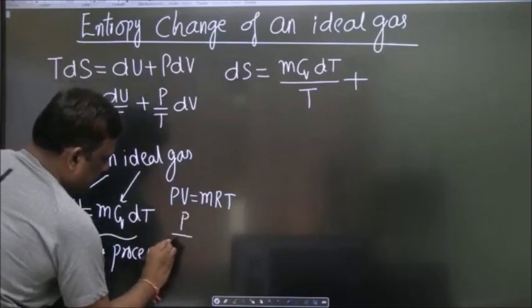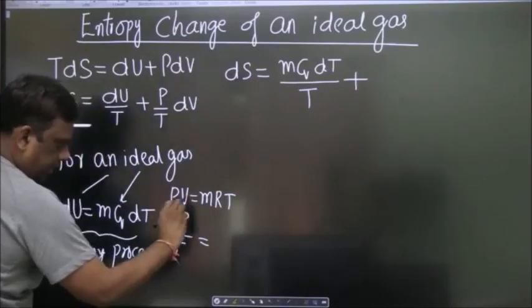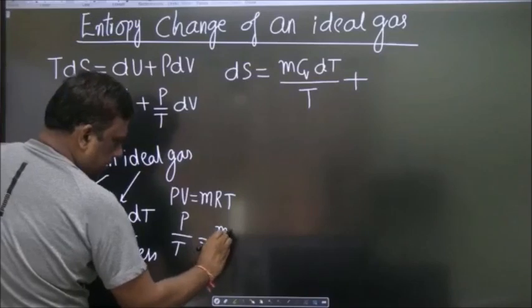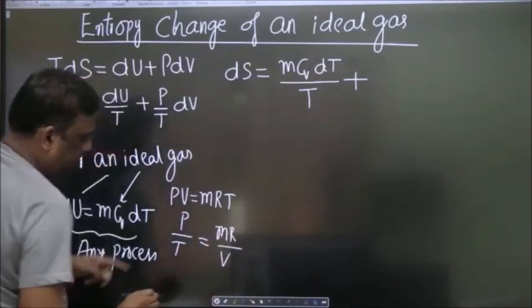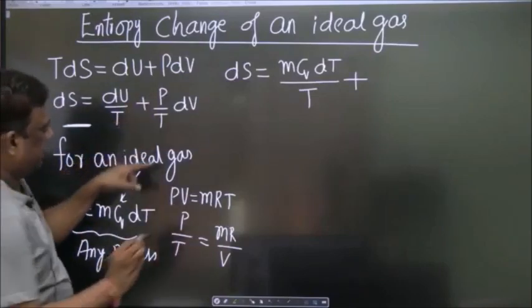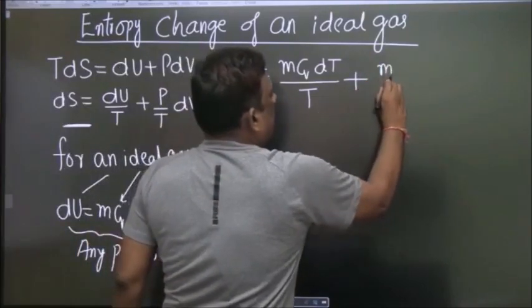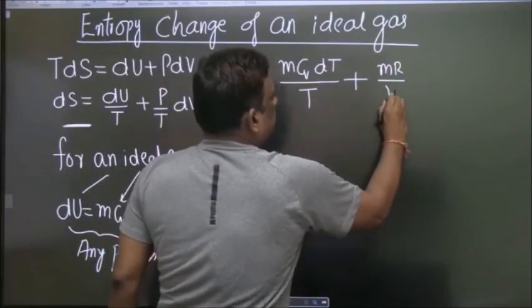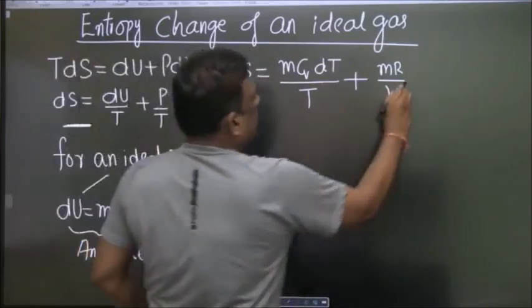Now tell me, what is P by T? It is mR by V. So P by T is mR by V, into dV.